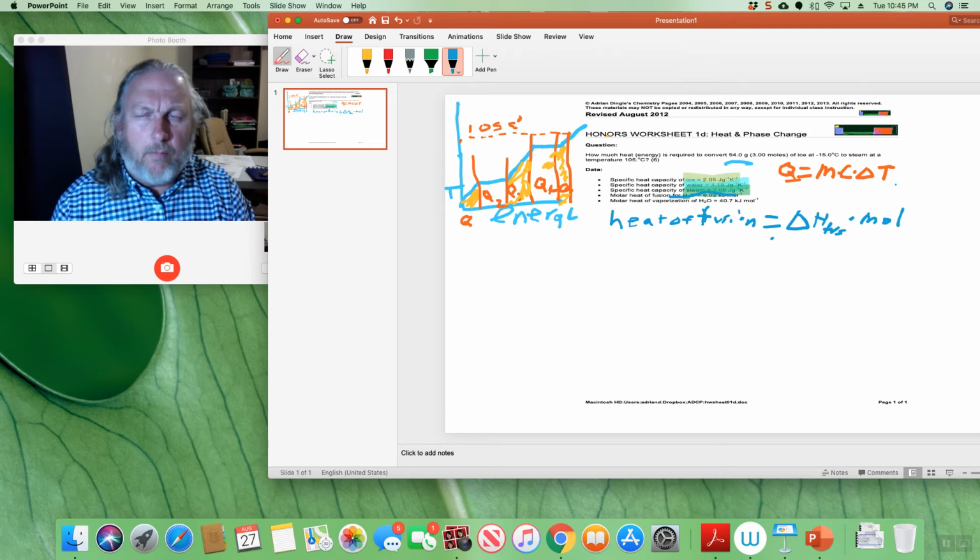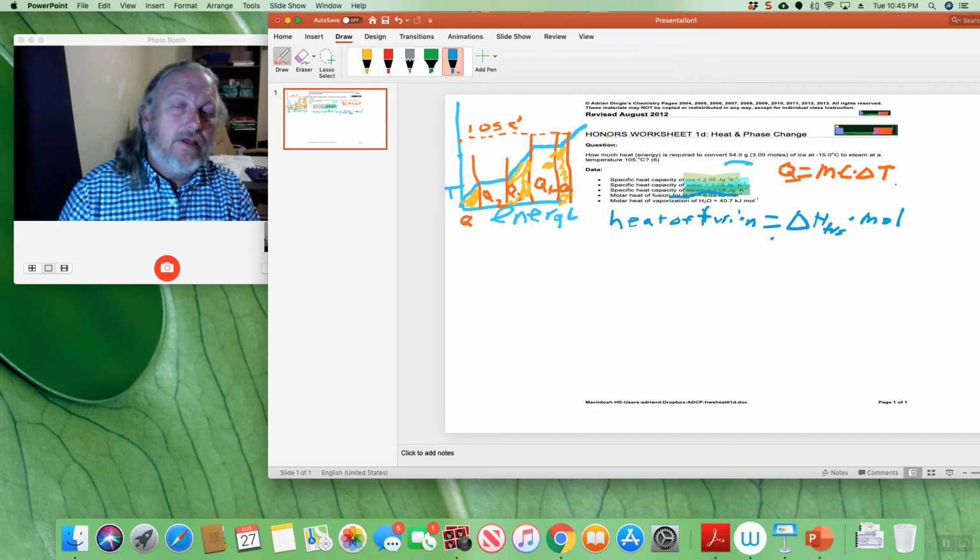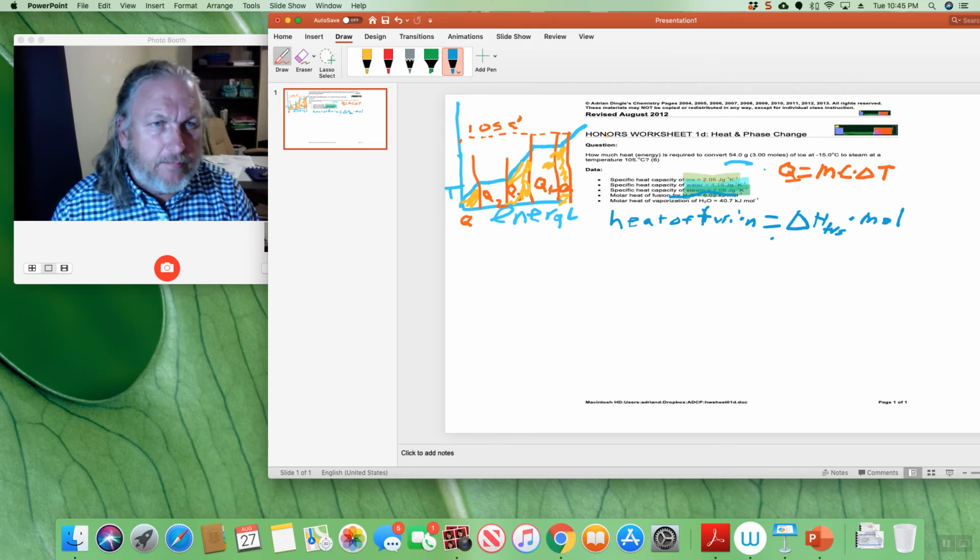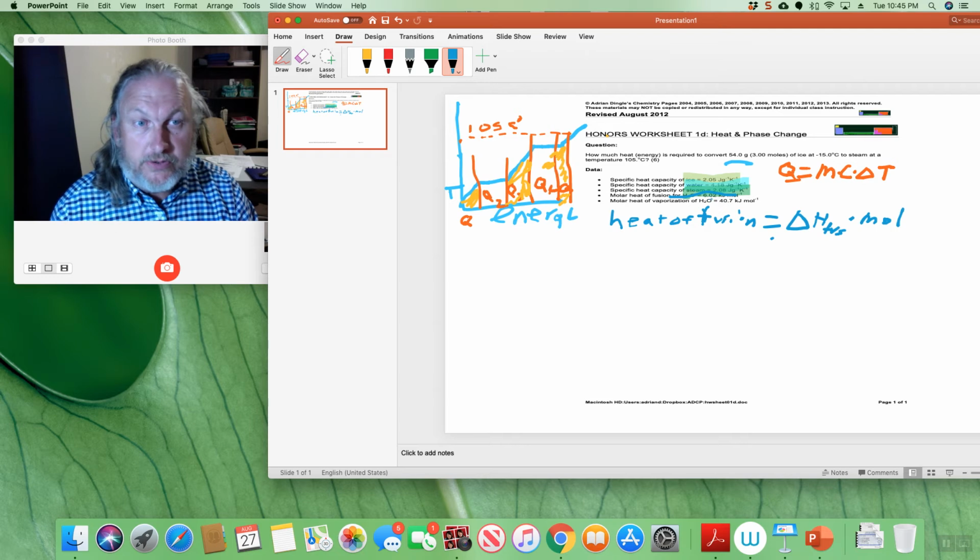Again, we're not going to worry about what a mole is right now. In about 2 months we will. So here we've got 3 moles, and it gives us the heat of fusion for H2O, which is 6.02.